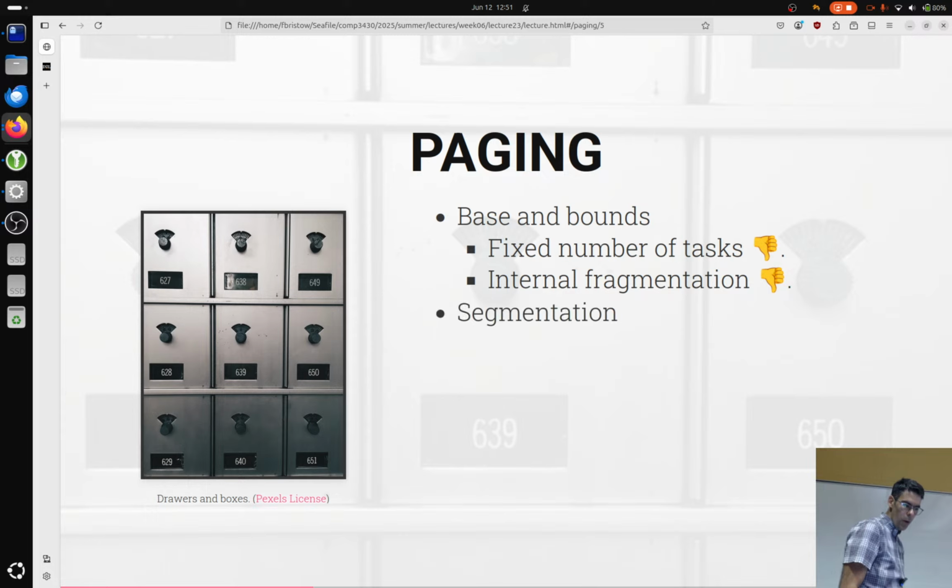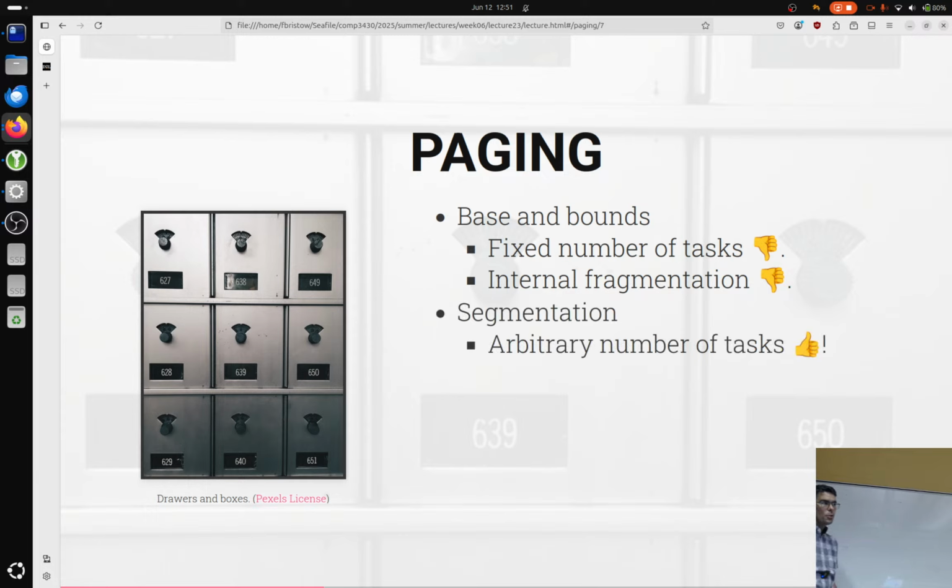Segmentation was our next approach, and segmentation is good because it's effectively made it so that we can have an arbitrary number of tasks, many more tasks than we could have had with the base and bounds approach. Because we're only allocating as much of each part of our address space as we are currently using in the process.